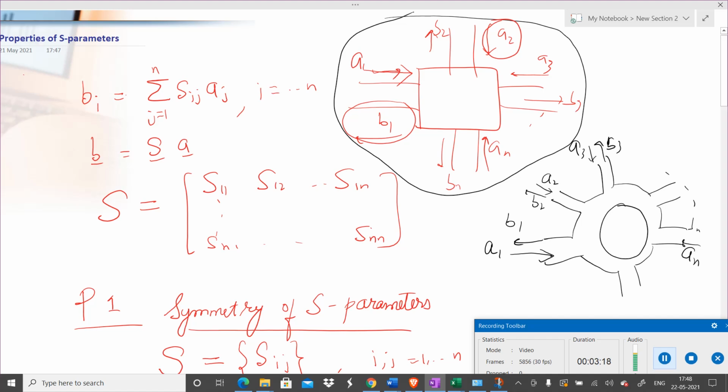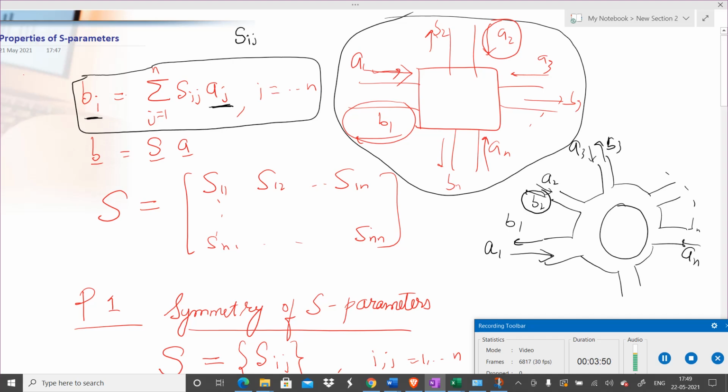at the ith port, come to this equation. At the ith port, the reflected part is related to the incident part in this way. Suppose you are considering port i, so the S parameter from i to j is Sij. As an example, suppose you want to compute B2. This is port 1, this is port 2.